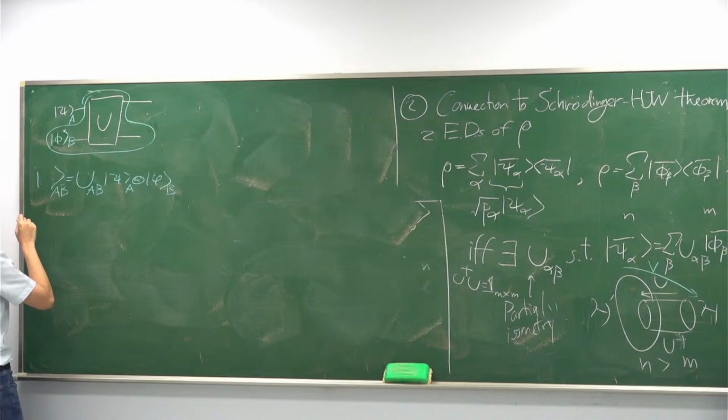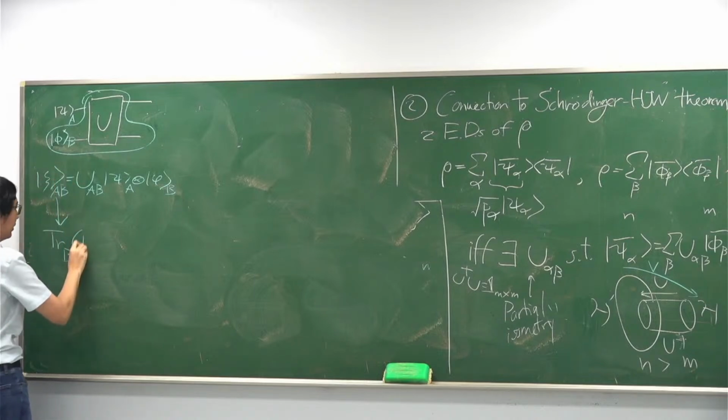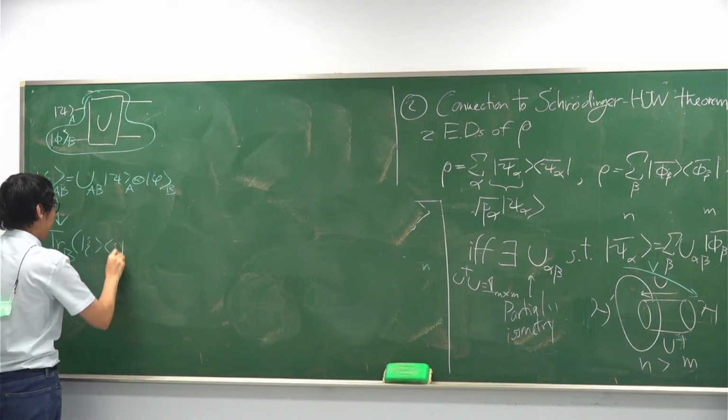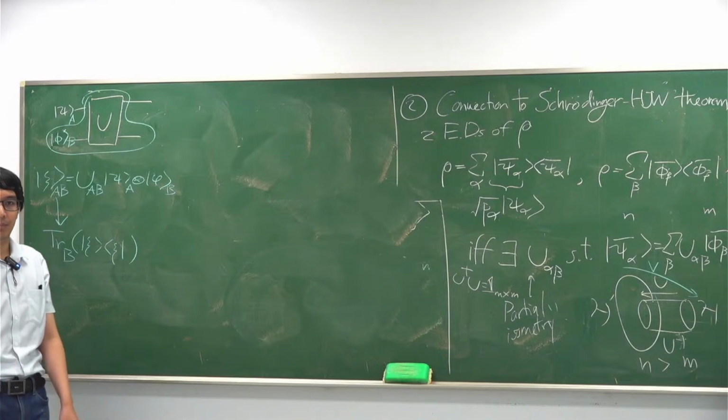And to describe the effect that this has on the system A, I would have to trace out this state. So let's say psi down to the system A, right?